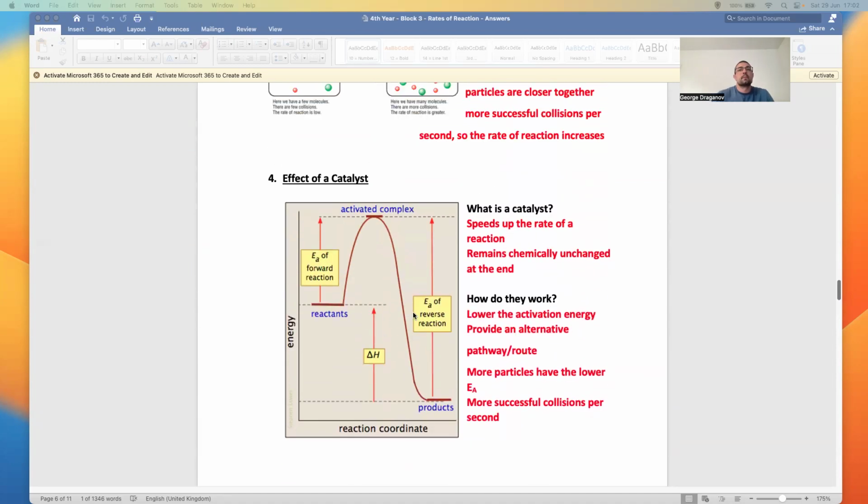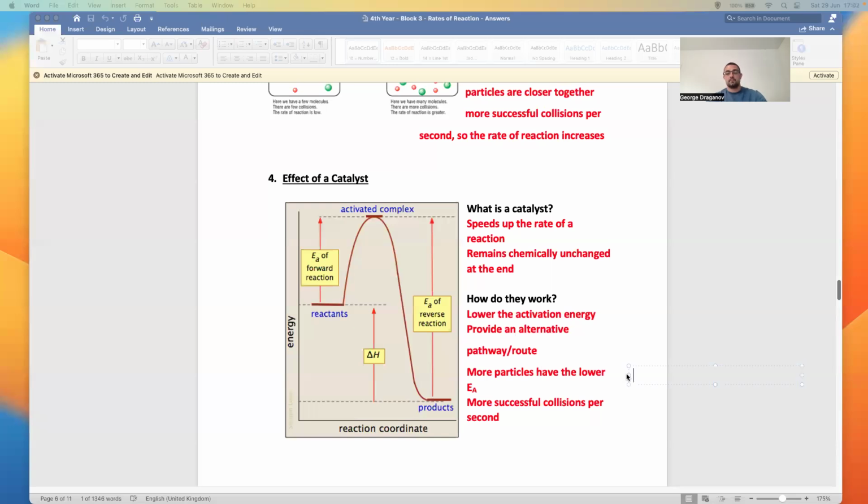So a catalyst does quite a few things. The famous phrase you have to say is it lowers the activation energy, 1 mark, by providing an alternate pathway, 2nd mark. Therefore, more particles have... Now, I don't like the way this essentially is phrased.